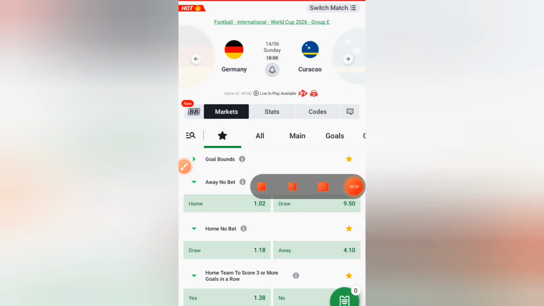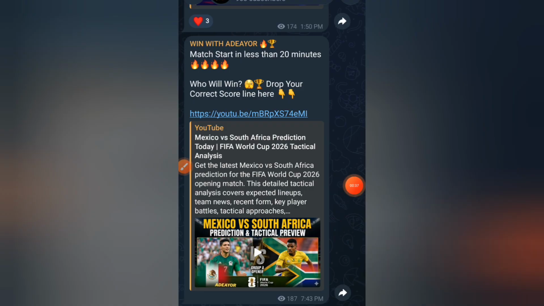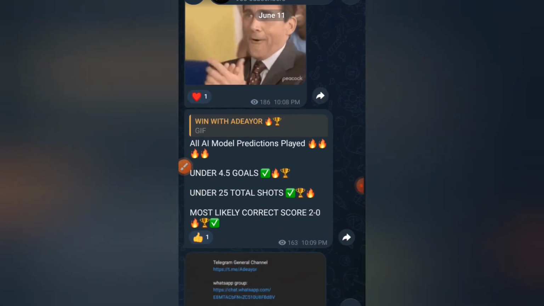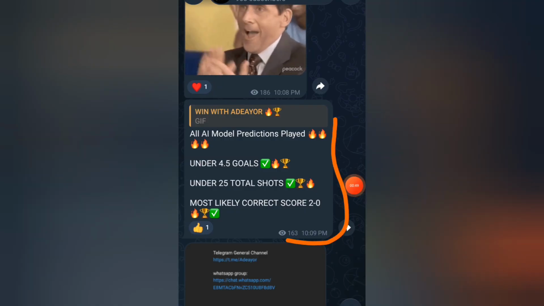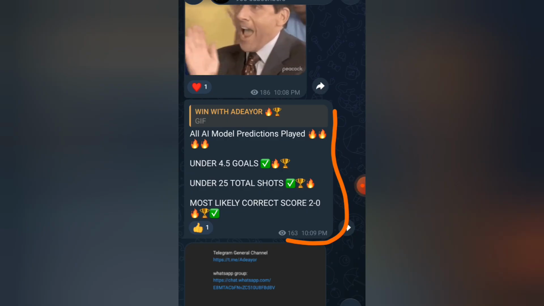So most times we have been using a predictive model for most of our predictions, right from the match between Morocco against South Africa. And if you observed the outcome of the matches that we predicted on YouTube, you will notice that whenever we predict total shots, which is either over or under, they always come out well.